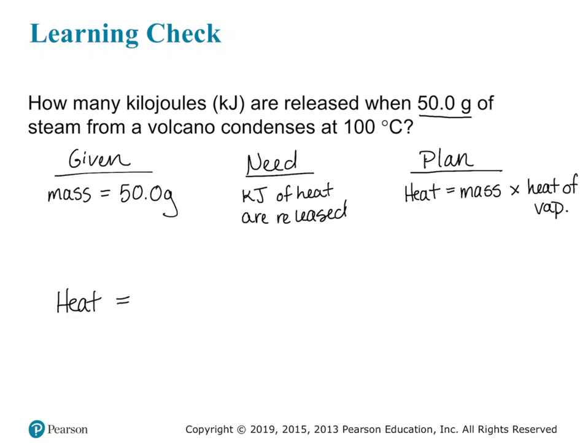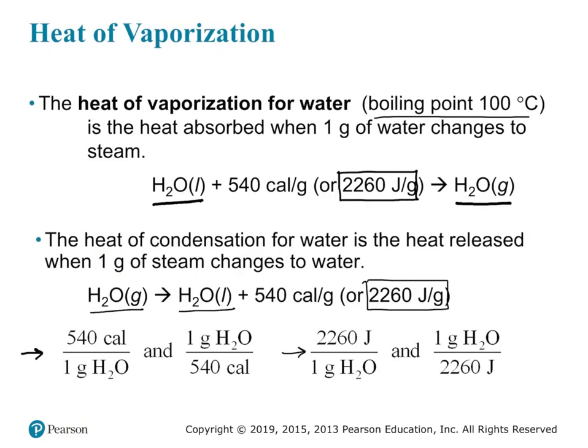Oh, and I should mention, we are given the temperature that this occurs at, but we don't have to use the temperature because it actually stays constant during this state change. Okay, so let's plug everything we know into our equation. We have 50 grams for our mass, and we're going to multiply that by the heat of vaporization. So if we go back, remember the heat of vaporization is 2,260 joules per gram.